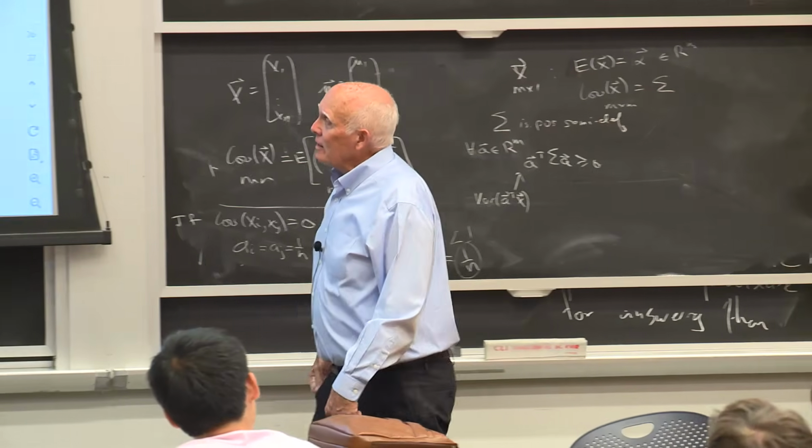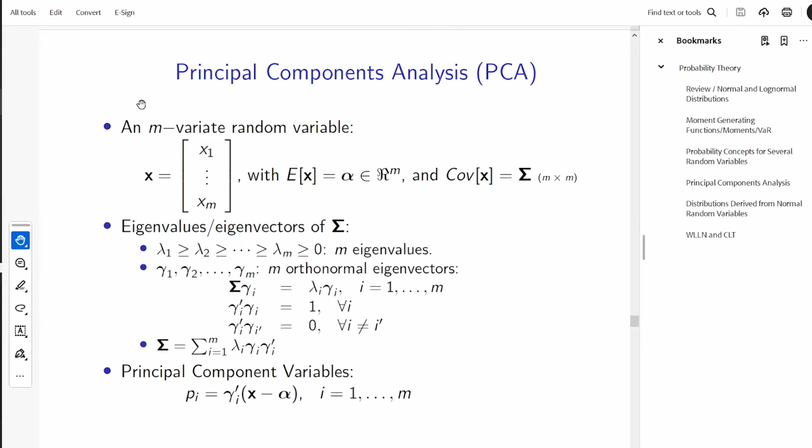And we can list the eigenvalues to be lambda 1 through lambda m. Those could be all different. Some of them will be non-zero so long as the covariance matrix has some positive rank.